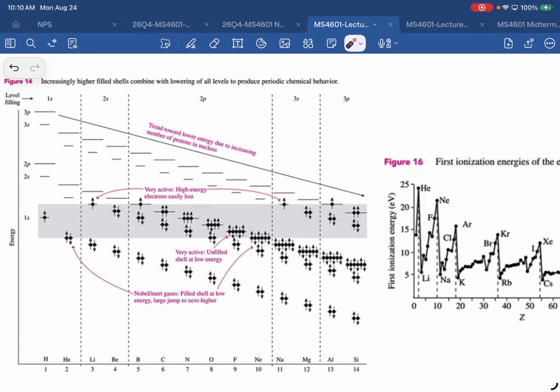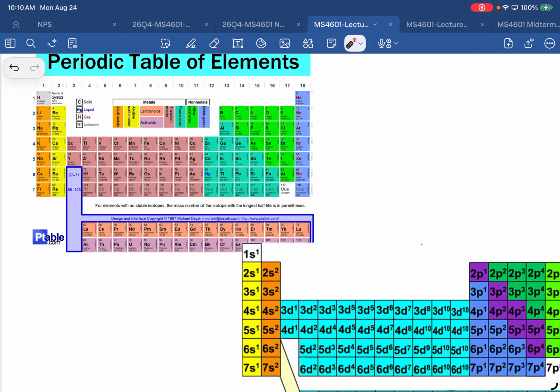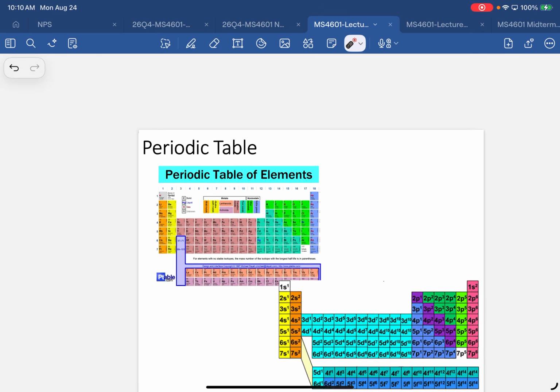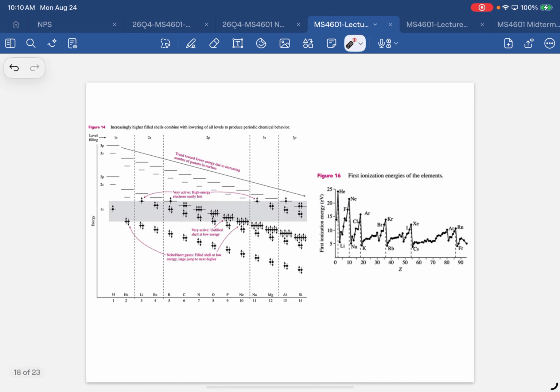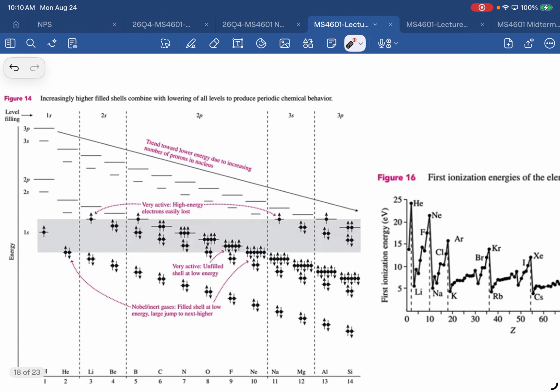Okay. And another thing you can notice is that for the periodic table, we learned that group 2 and group 17 are very reactive, right? And this one tends to lose the electron, this one tends to obtain the electron. Okay. The reason for that is, again, if we go to the energy diagram here, for example, if you look at lithium, the electron sitting in 2s is relatively high, right?